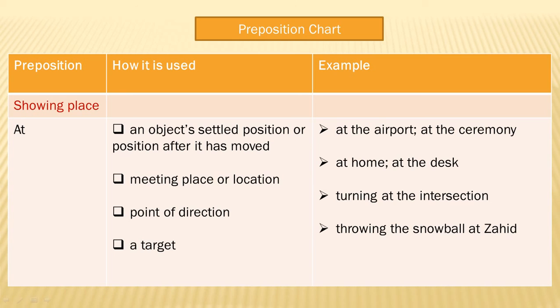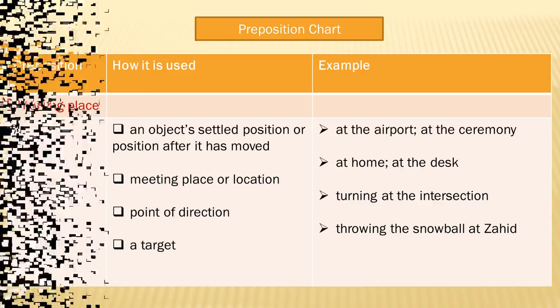There are four meanings of at and their uses. At is a single preposition here, but it has four meanings and four uses. You will practice it in your own words, in making sentences or in your workbook. Next slide.